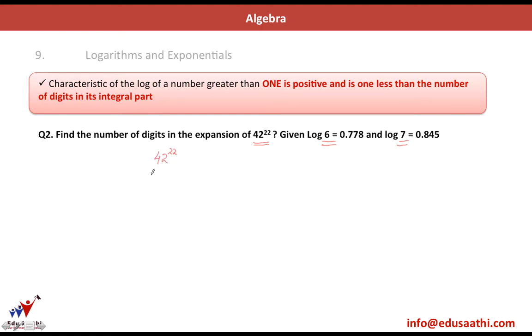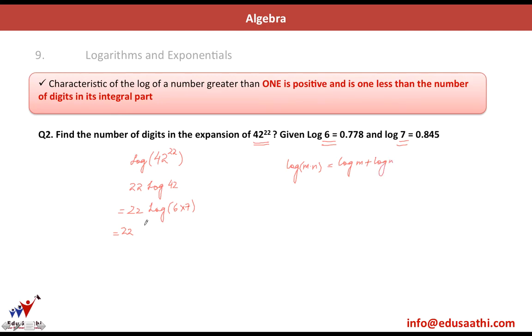If I take the log of this number, this power will be outside the log sign, 22 log of 42. This 42 can be broken down into 6 into 7. So this will be 22, and I'll apply the property log of m into n is log m plus log n.